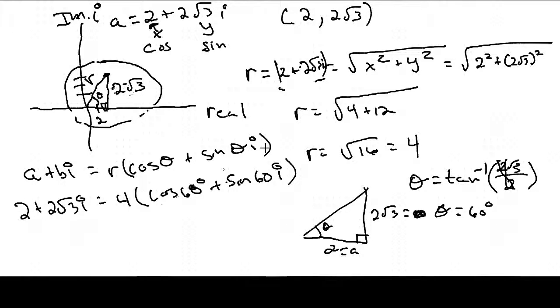And when we went to figure theta, we had the opposite and the adjacent, so we used tangent. And then after that, how did you know to use the inverse of tangent? Because what are we solving for?